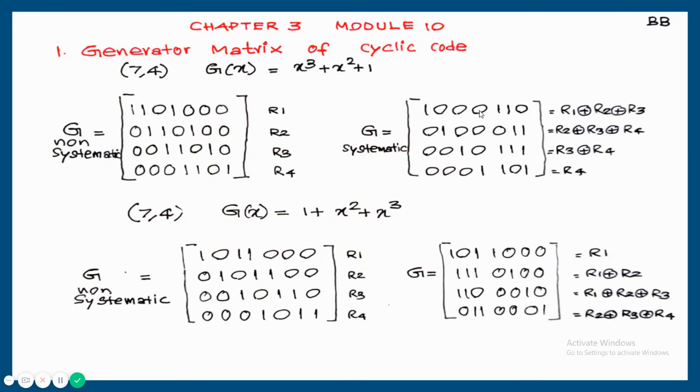Or there is another method. Just do the rotation of any row and verify you are getting this answer. You can see here 1000. Just do the cyclic rotation like this. 1 will be here, the next one here, the next 0 here. So the answer will be 1000, 110. That will be the first row.